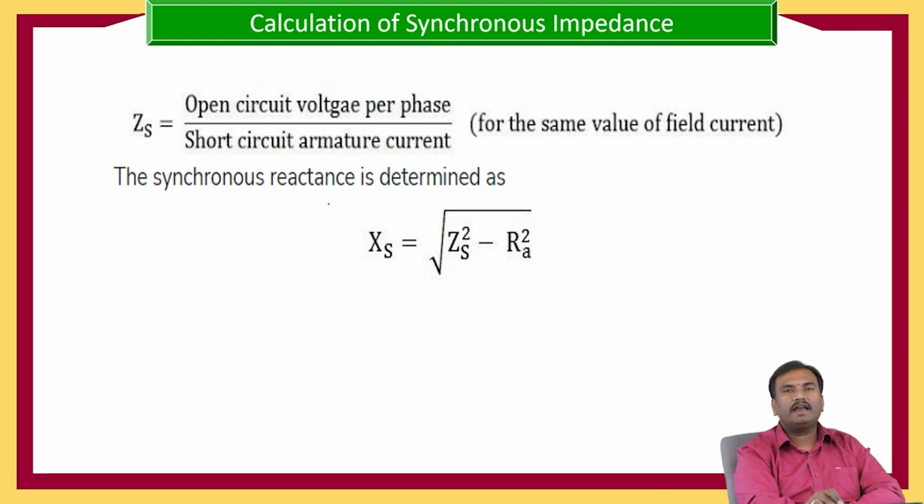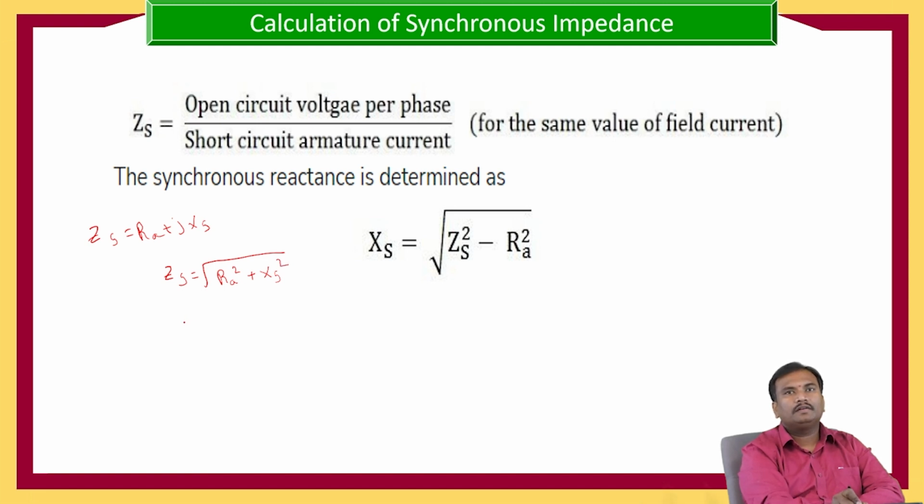And synchronous reactance is determined as Xs equals the square root of Zs squared minus Ra squared. Generally, Zs is equal to Ra plus jXs. Here, Zs can be written as Zs equals the square root of Ra squared plus Xs squared.